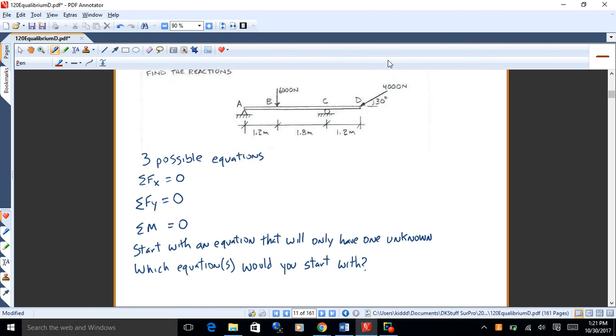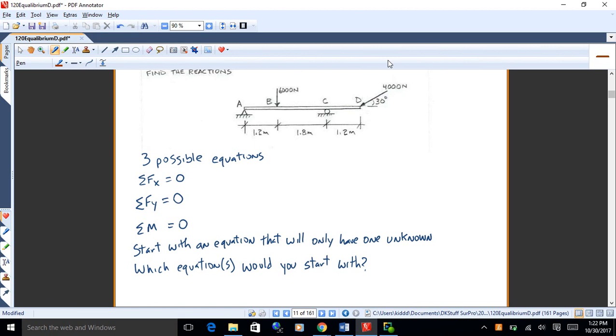It's just a little trickier to do that. So what I would like to do here would be to start with one equation and one unknown. So what could you do on this? Which equations might you use to accomplish that?